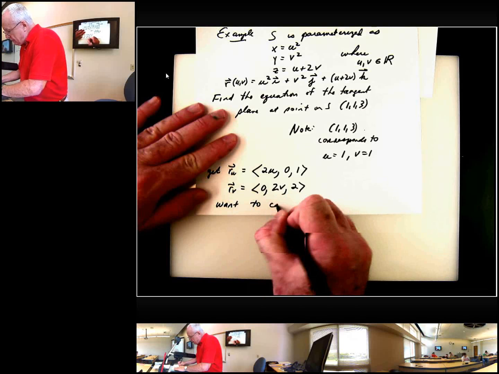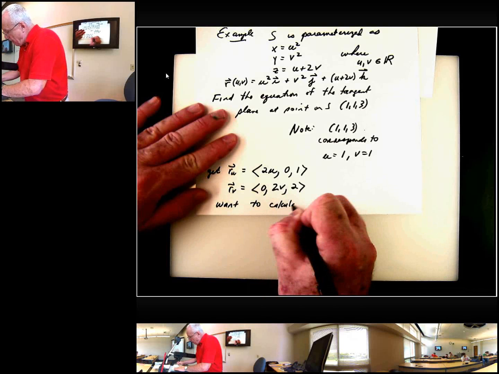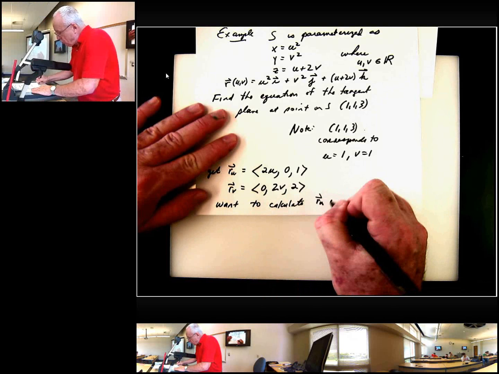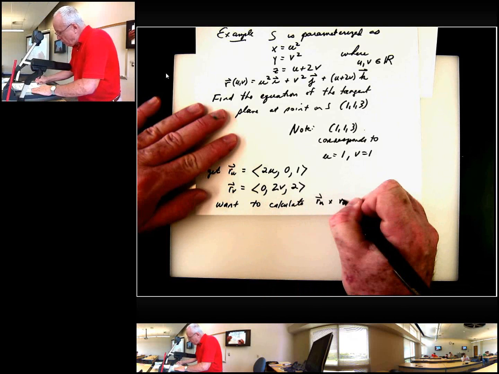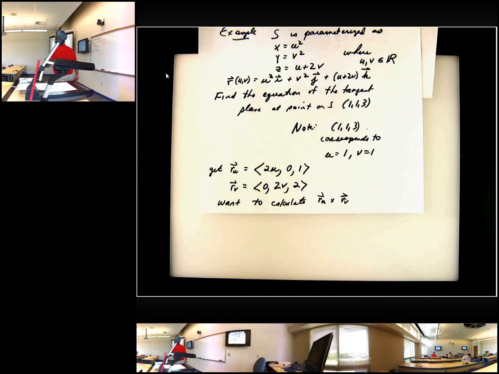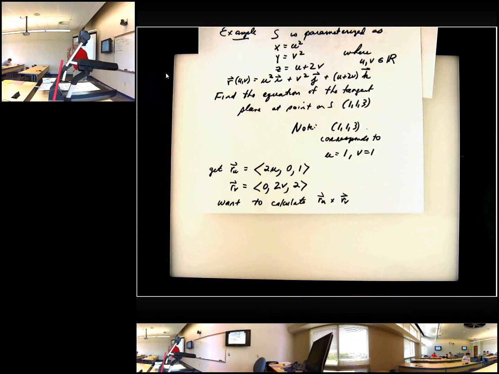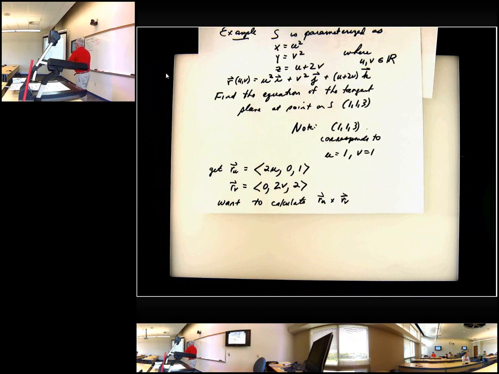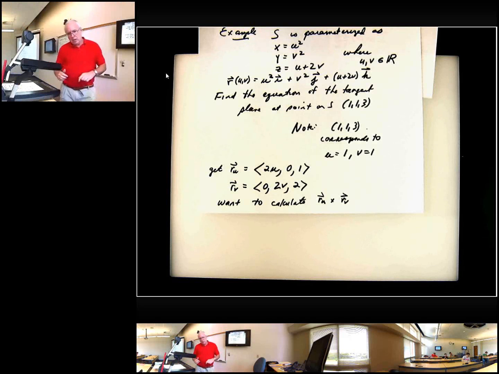Now, we want to calculate the cross product, r_u cross r_v. The easier way to do this is as follows. Right now, we know that u and v both equal 1. Why don't we just plug in those numbers so we don't even have to worry about the variables when we do the cross product?